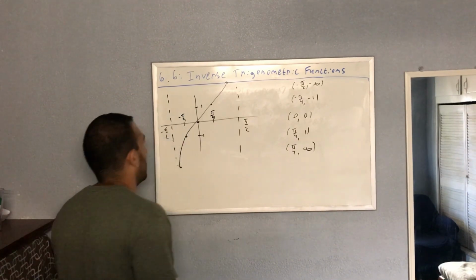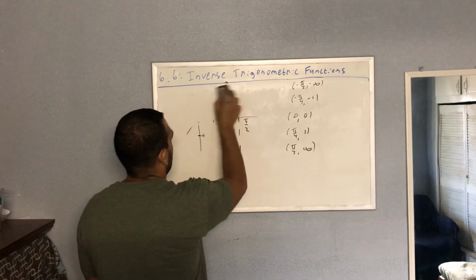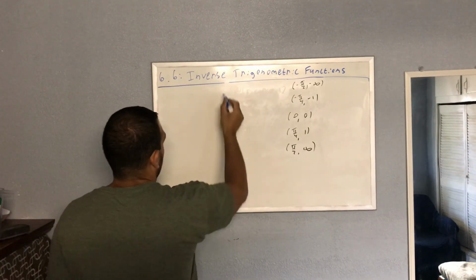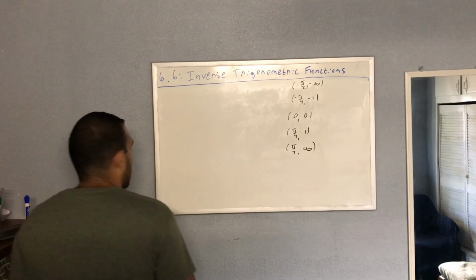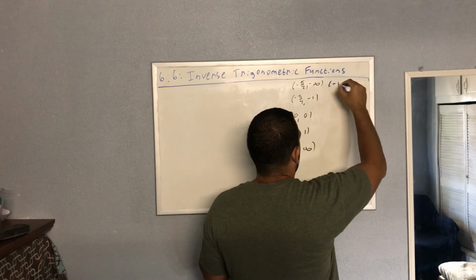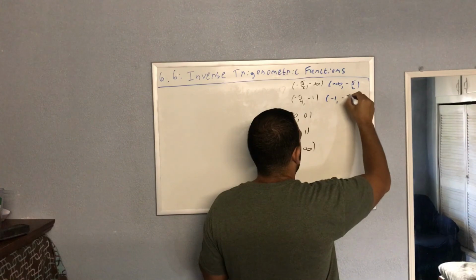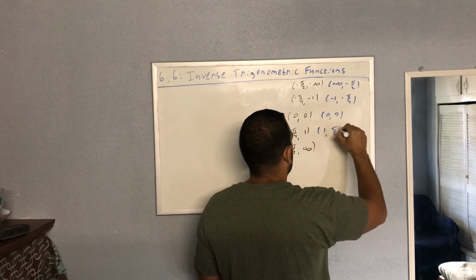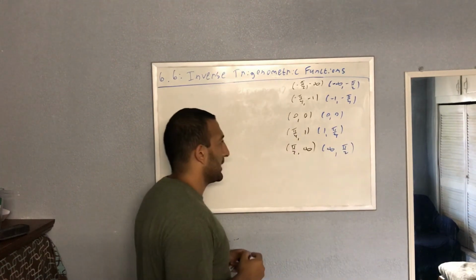Okay. So we have that. So then, if we flip these coordinates now, we get negative infinity, negative pi over 2, negative 1. This one's unchanged. So we get that.